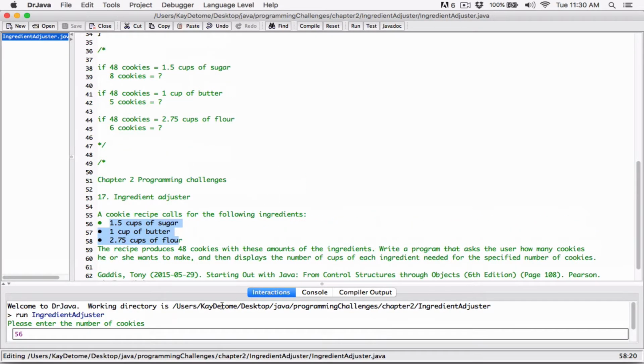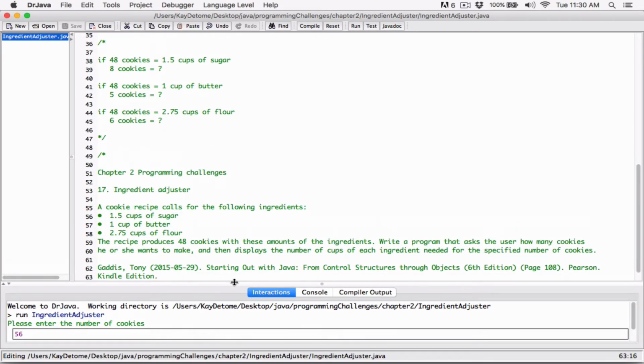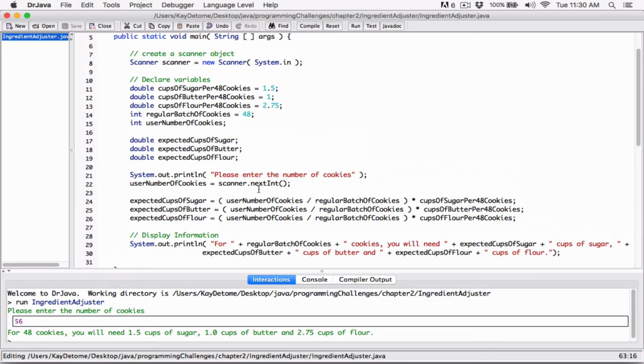The reason why we're getting these results, which is wrong, is from this calculation. Now, if you look at regular batch of cookies, that's 48. That's an integer. The user's number of cookies, that's also an integer. All right.